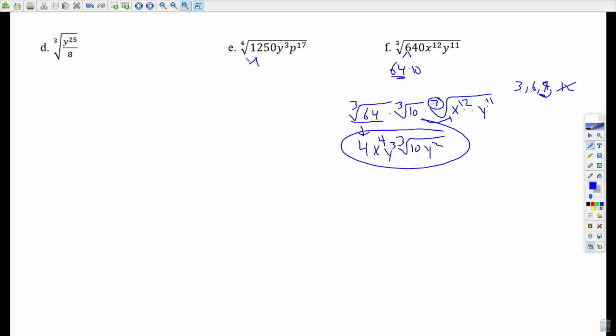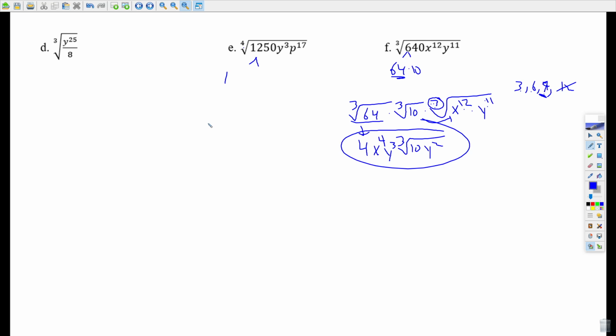All right, one more. 1250. I'm going to have to probably use the table for that one because I don't know what that would be. Is it 625 times 2?